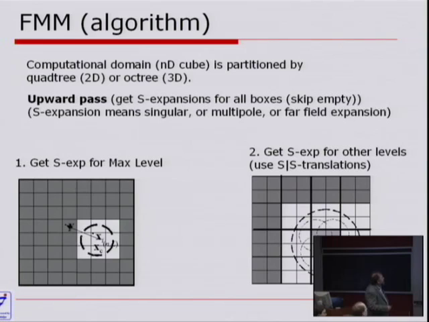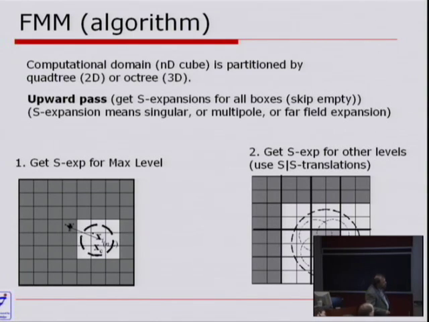The realization of the contribution of all these far field points or interactions goes through several steps. First, if we have some sources located in this box, we can build the multipole expansions, which are valid in this dark gray area. This multipole expansion is called the S expansion, or singular expansion.